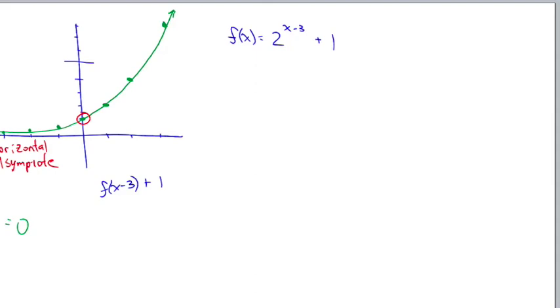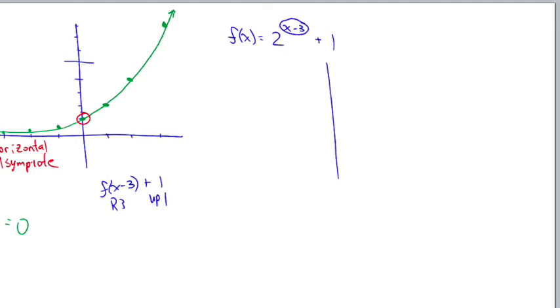Makes it go up 1. What's the -3 on the inside do? Makes it go to the right 3. The same thing's going to happen here. This piece right here is the inside of the function, the raised to the x -3. So this is going to go up 1 and right 3.